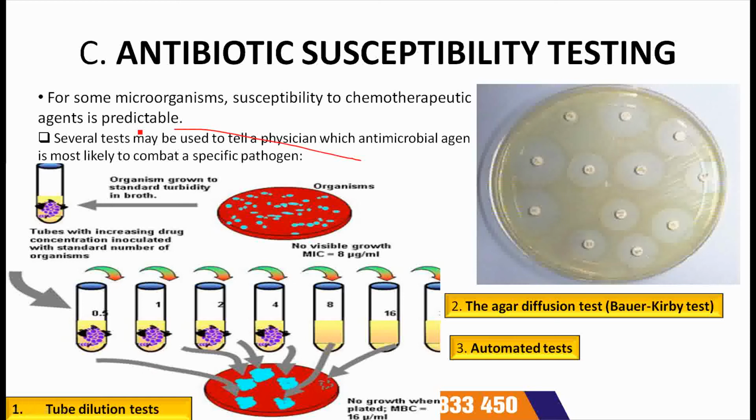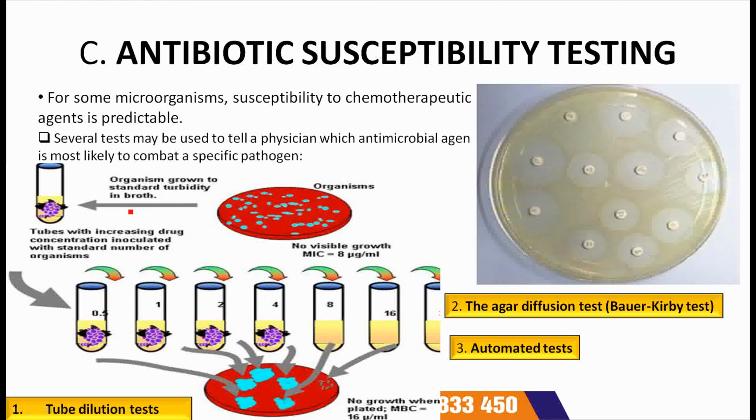This diagram is showing the tube dilution test. You can see the procedure. These are organisms. In these organisms, no visible growth. These organisms grown to standard turbidity in broth.